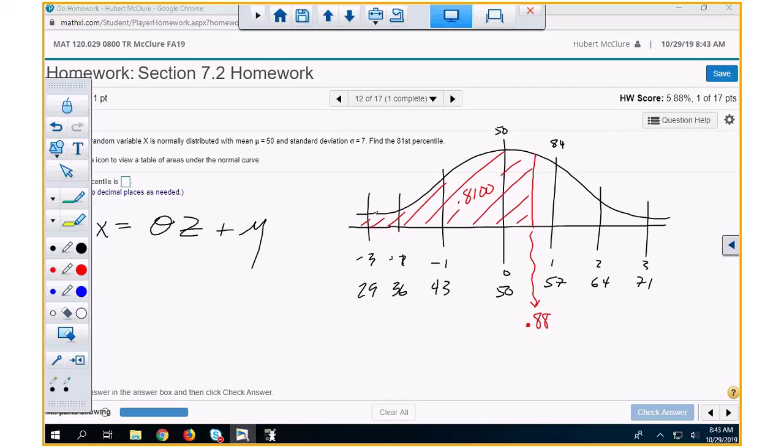Now, plug and chug. What is your standard deviation? What is your z-score? 0.88. And what is mu? 50. Plug and chug.